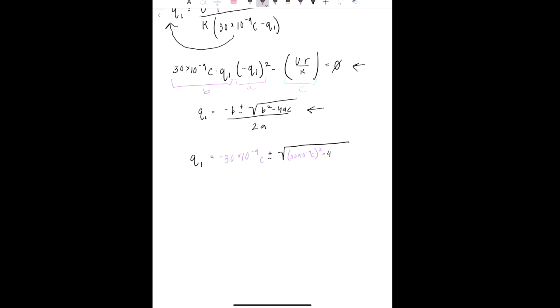I'm just plugging in the values for U, R, and K. Negative 180 times 10 to the negative 6 joules will be the value of our electric potential energy, U. Our R value is 0.02 meters. And the K value is 9 times 10 to the 9th newton times meter squared over coulomb squared.